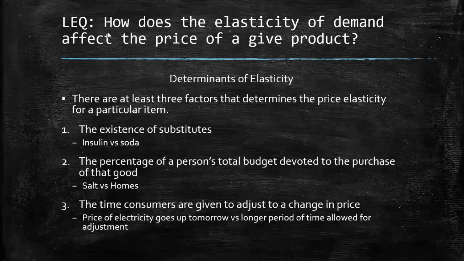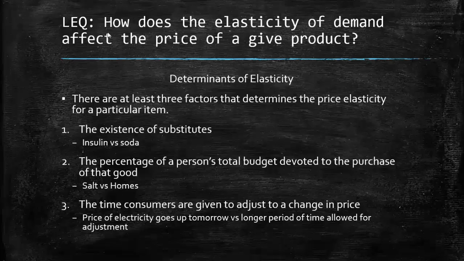Number 2, the percentage of a person's total budget devoted to the purchase of that good. So we say the demand for salt is inelastic, and here's why. If the price of salt doubles, according to the law of demand, the quantity demanded will go down. And yeah, that's true, but guys, think about this. Salt is what, 50 cents? Oh no, it doubled from 50 cents to $1. Oh no, quantity demanded is going to go down.